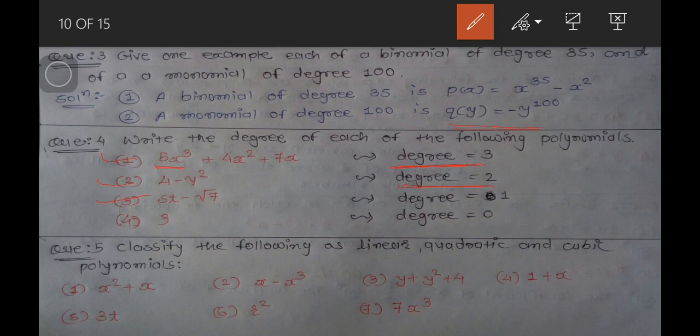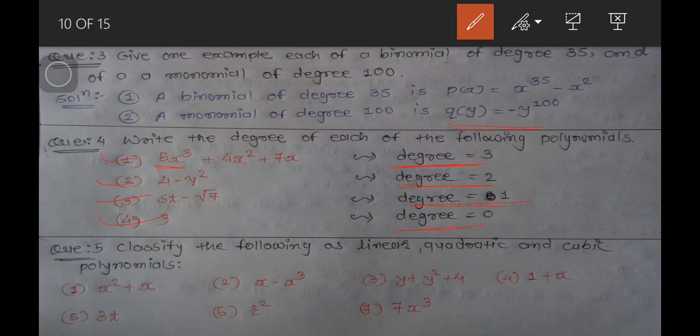Third one, 5t minus root 7. Here also the highest power of given polynomial is 1. Then degree of polynomial is 1. Fourth one is 3. Then degree of polynomial is equal to 0.